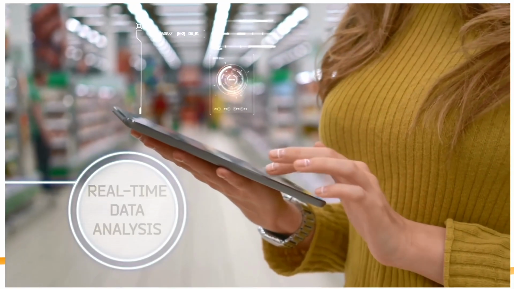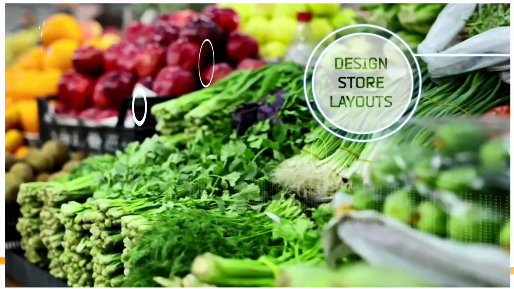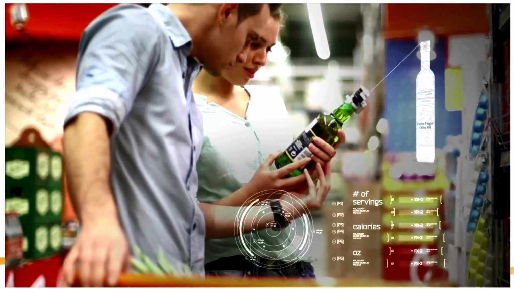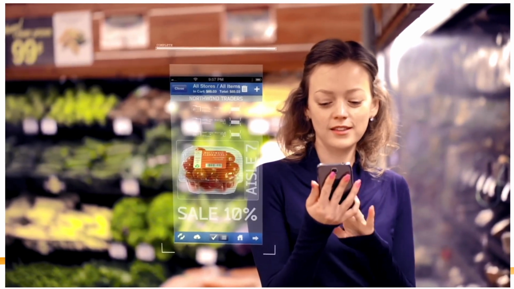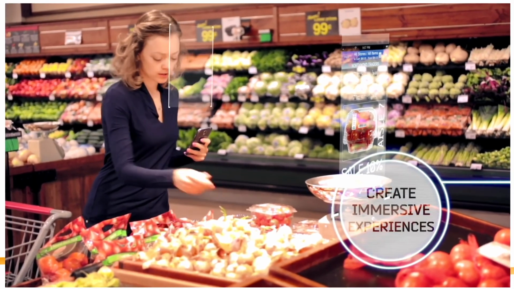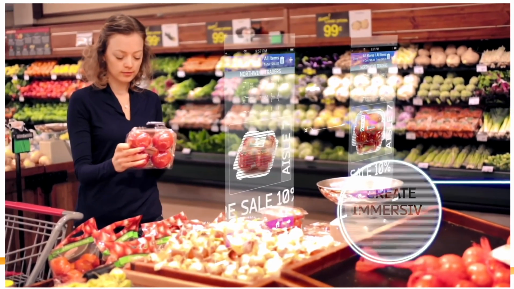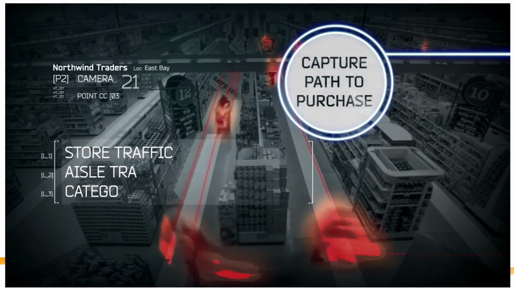IoT data is used to track the effectiveness of store layouts, exposure to promotions, product interactions, and use of digital kiosks and mobile apps. This data is analyzed in real time to create deep insights into customer preferences and path to purchase.